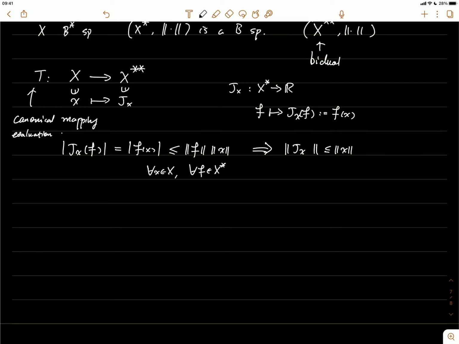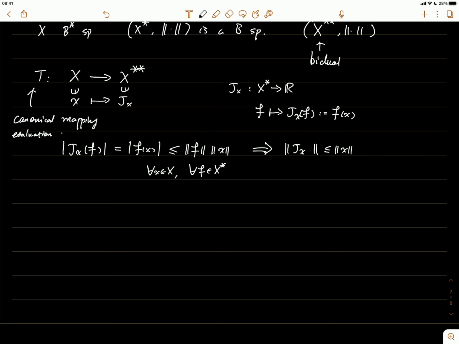And we can easily show that this T from X to X double star is a linear mapping, or a linear operator.